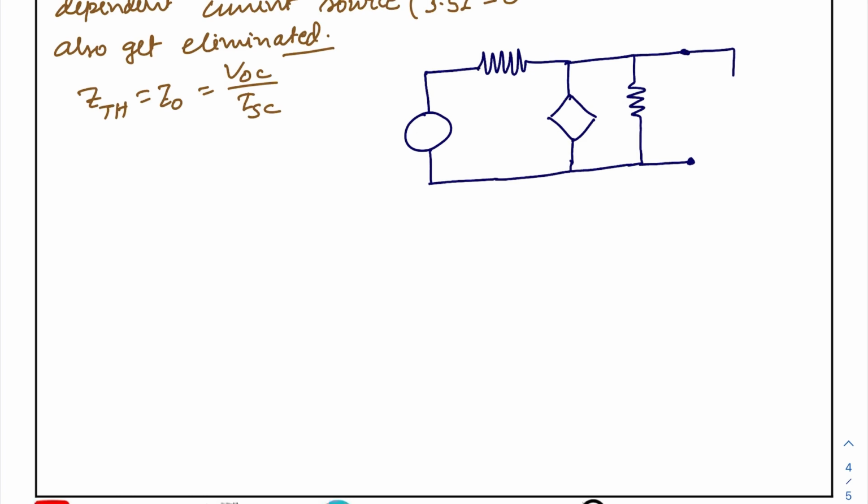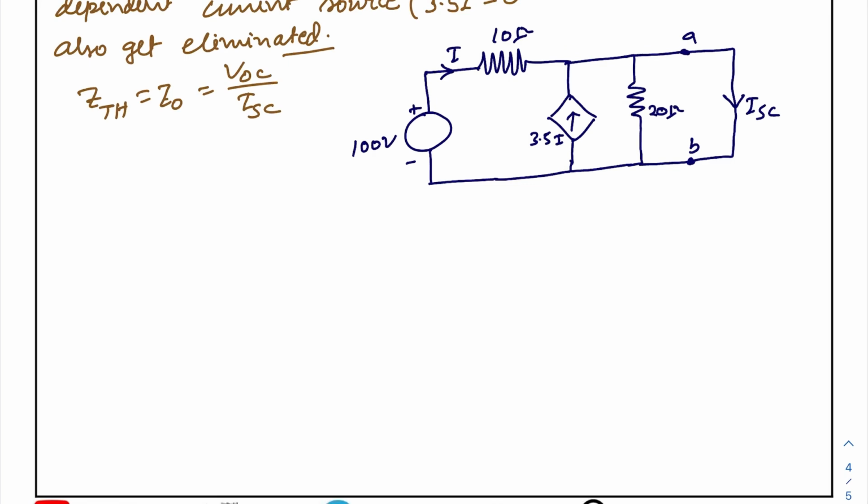Now, this terminal we are going to short circuit like this, and the short circuit current will flow from this to terminal AB. This is your 20 ohm resistance, and this is 10 ohm resistance, and I is the current through this one, and here this is 3.5 into I. And this is your voltage source of 100 volt.